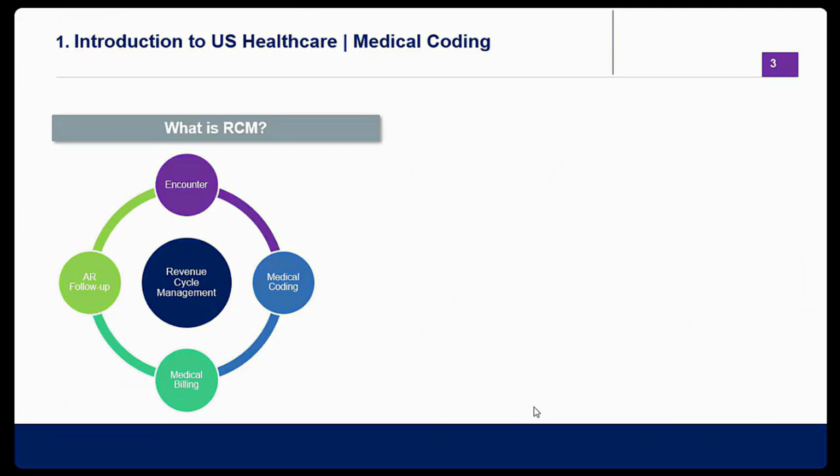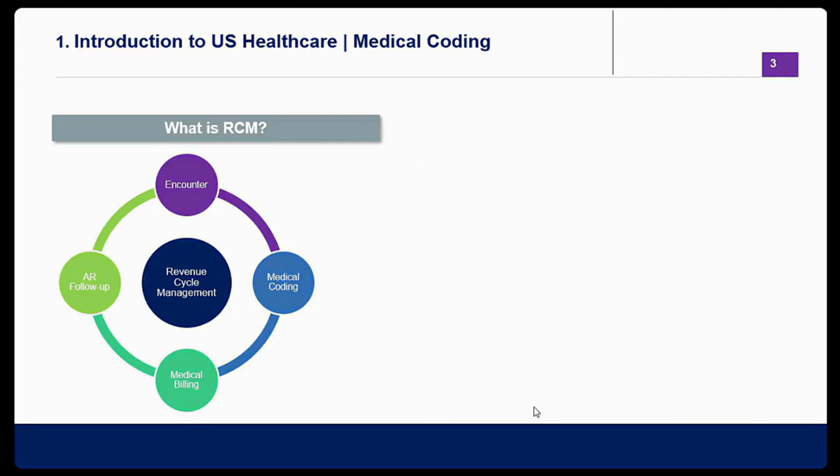This amount will be billed, and it will go to AR follow up, the accounts receivable department, and from there it will go to the payment of the claim to the doctor or physician. So this is the major flow in the US healthcare sector, the RCM cycle, which means revenue cycle management.